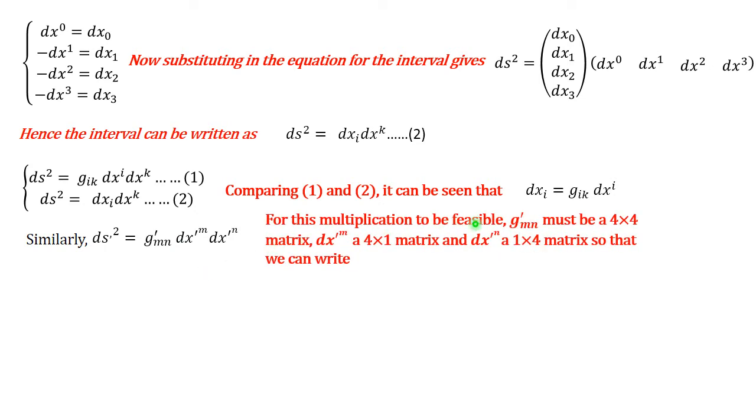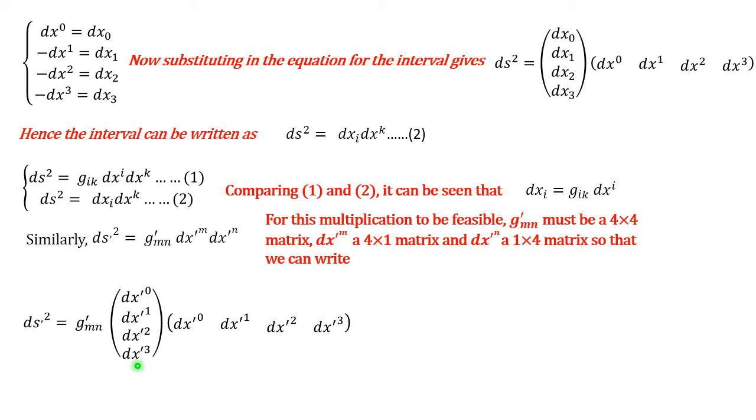For this multiplication to be feasible, g prime mn must be a 4 by 4 matrix, dx prime m a 4 by 1 matrix, and dx prime n a 1 by 4 matrix, so that we can write out the components of this as dx prime 0, dx prime 1, dx prime 2, dx prime 3, and here we have dx prime 0, dx prime 1, dx prime 2, dx prime 3.